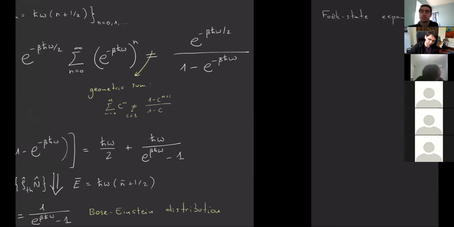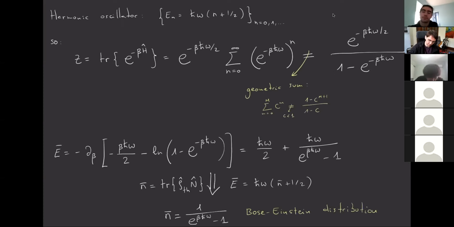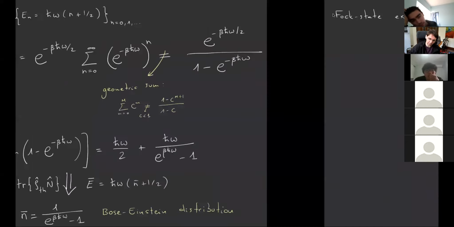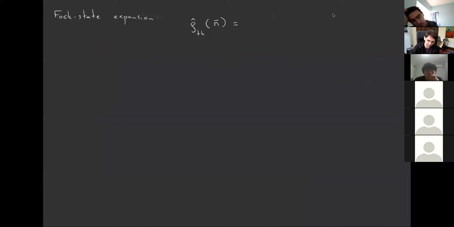First of all, you see that the thermal state depends only on the Hamiltonian, and the Fock states are eigenstates of the Hamiltonian, which means they are eigenstates of the thermal state, meaning that the thermal state is diagonal in the Fock state basis.